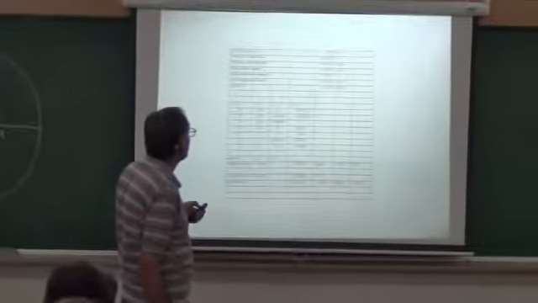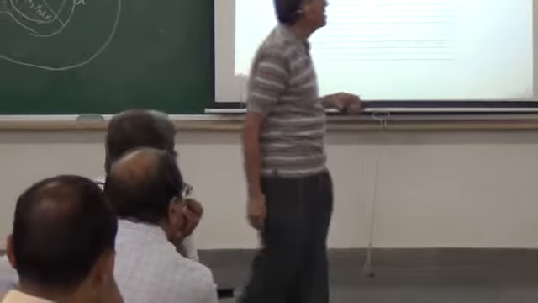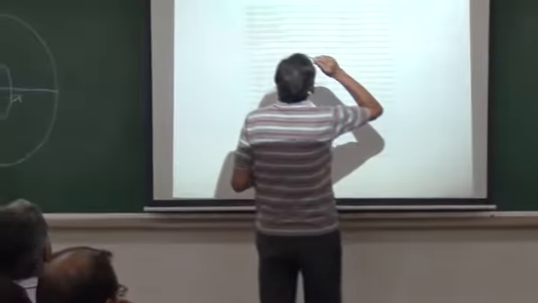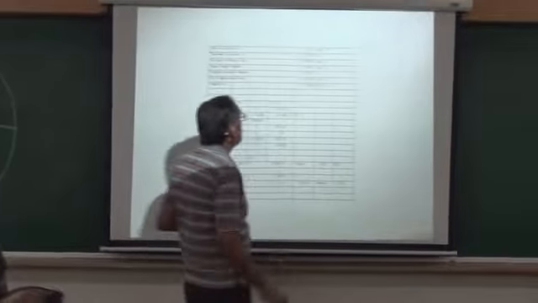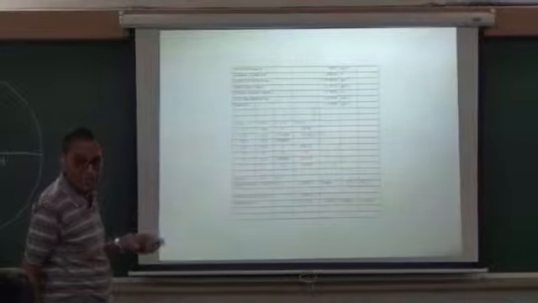I don't think you can see from there. I have given the density of brass, 8,500 kilograms per meter cube. I have given the diameter of the brass wire, 1.5 millimeter.